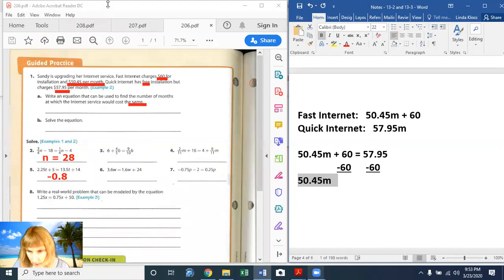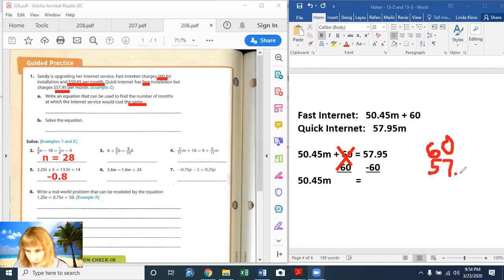The positive 60 and the negative 60 will become 0, so we're just going to drop that, equals, now we have negative 60 and 57.95. So negative 60 is going to go on the top, and the 57.95, and I'm sure you've all just kind of cranked that out on your calculator already.